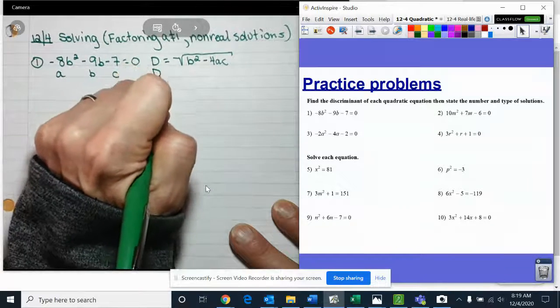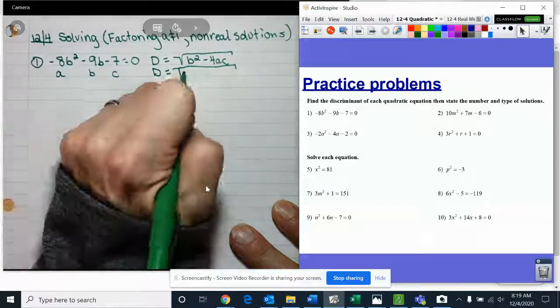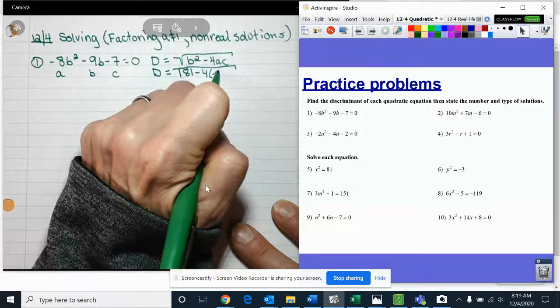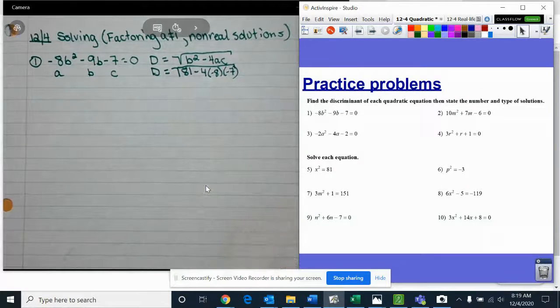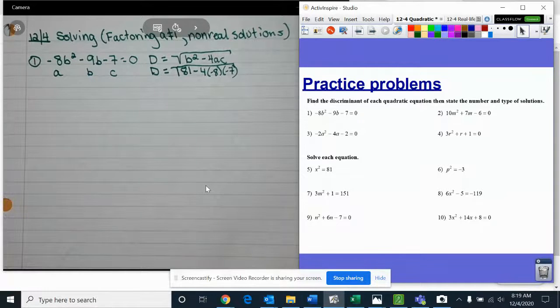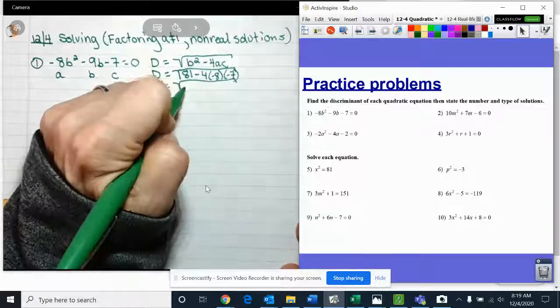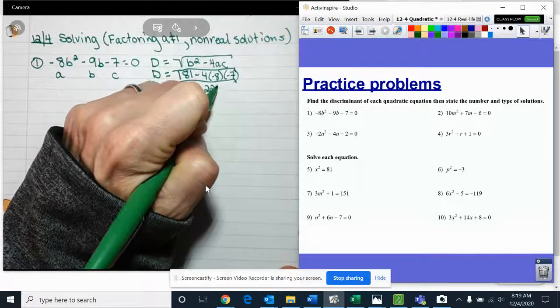And so d, in this case, will equal b squared, which is 81, subtract 4 times negative 8 times negative 7. And when you do that calculation, we get 81 subtract 224.